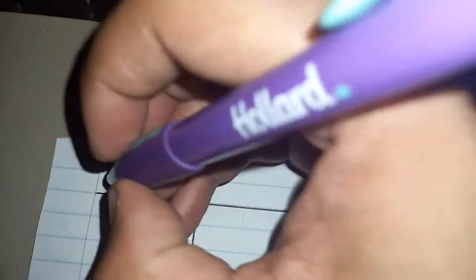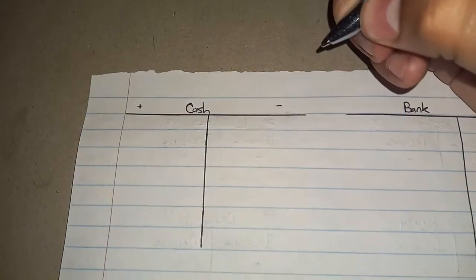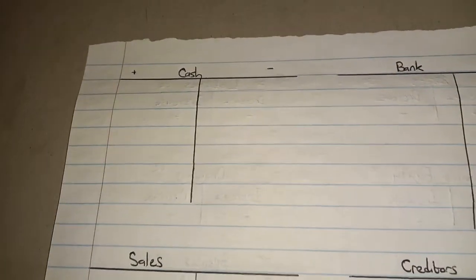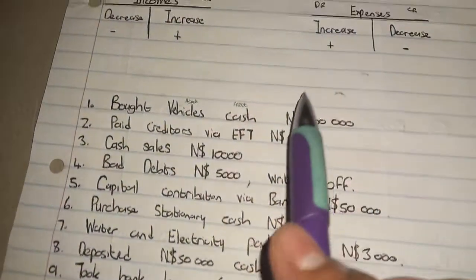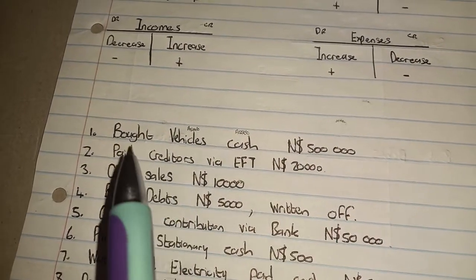So I already added one of the accounts, which is your cash for $500,000. So the one T account here is cash. So we already established that cash is an asset, and your assets increase on the debit side and they decrease on the credit side. So seeing as we paid the 500,000 Namibian dollars for the vehicles, money is being spent.